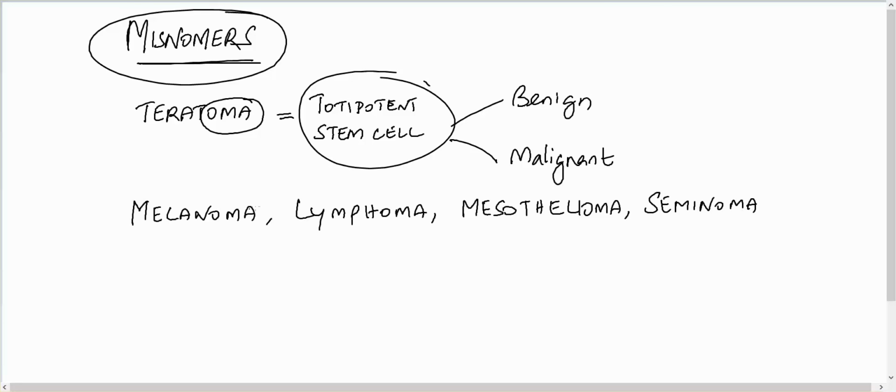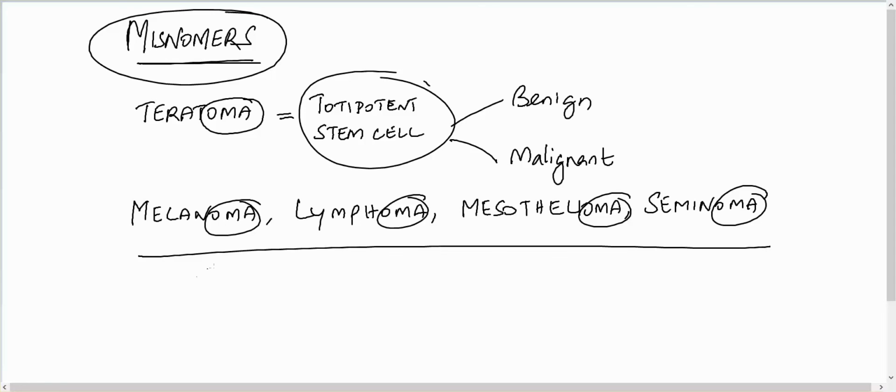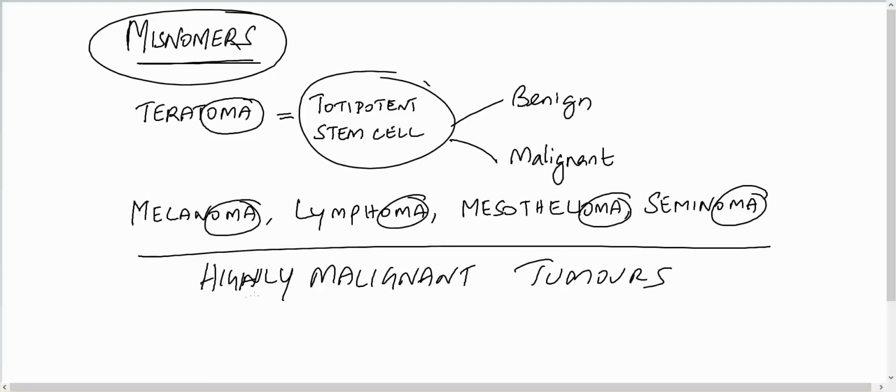So these are tumors with oma in the end. It looks like a benign in terminology, but they are highly cancerous tumors. Highly malignant tumors, very aggressive tumors they are generally. So they are given a wrong name.